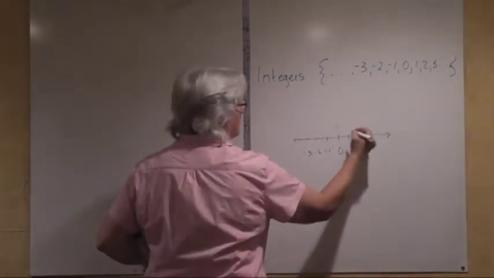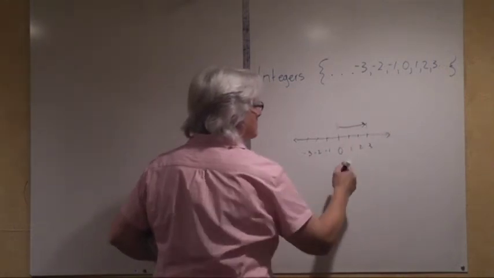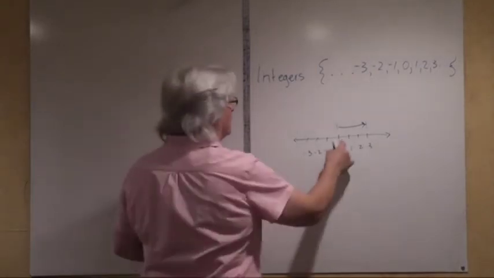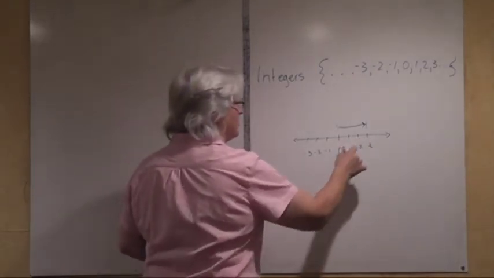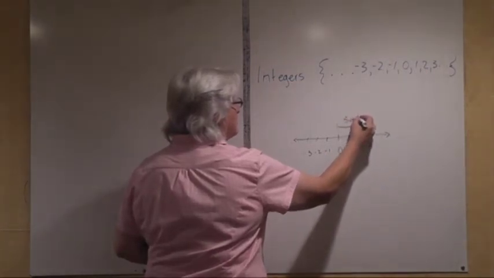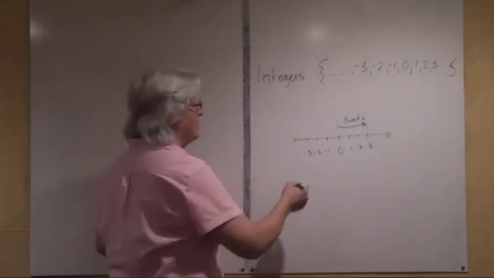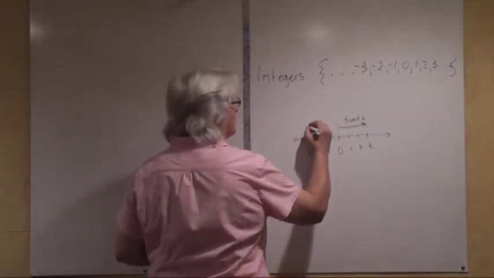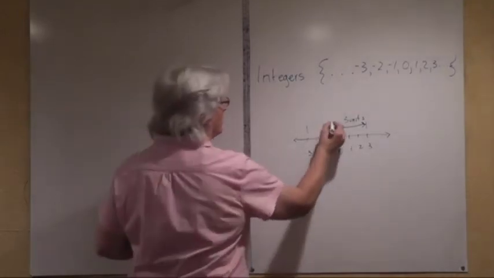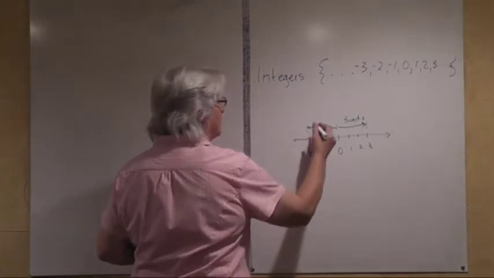So here's 0. How many units is it from 0 to positive 3 on the number line? 1, 2, 3. So it's 3 units from 0 on the number line. What about negative 3? How far is that from 0 on the number line? Well, we're seeing that that is 1, 2, 3.